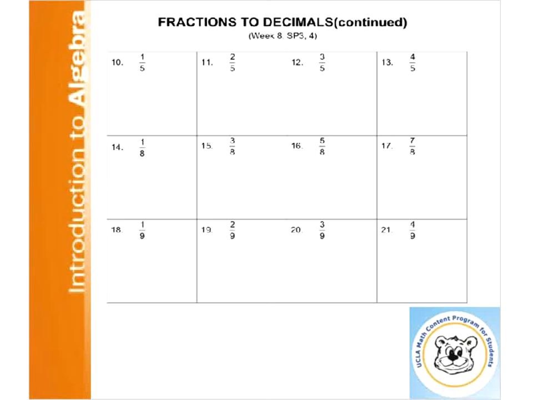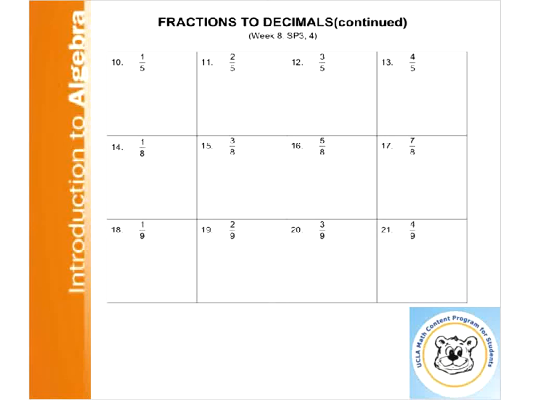One, for example in numbers 10, 11, 12, and 13, we have fifths. A strategy for converting these fractions into decimals would be to rename the fraction so that the denominator is a multiple of 10 or a power of 10. Okay, and then from there you can get to the decimal form that way.